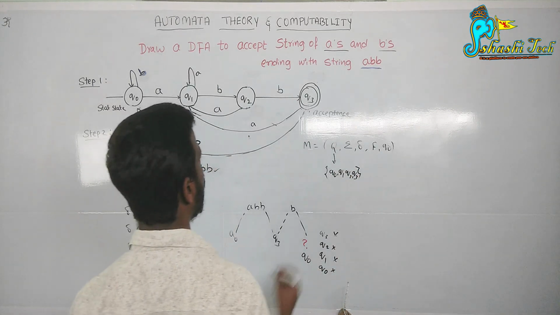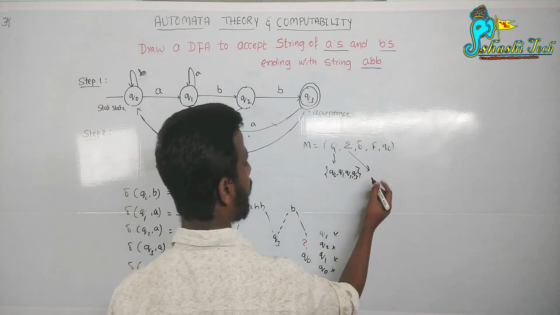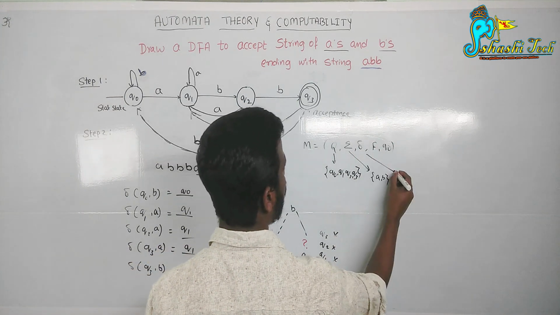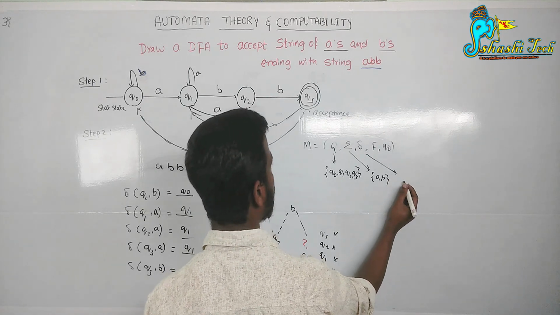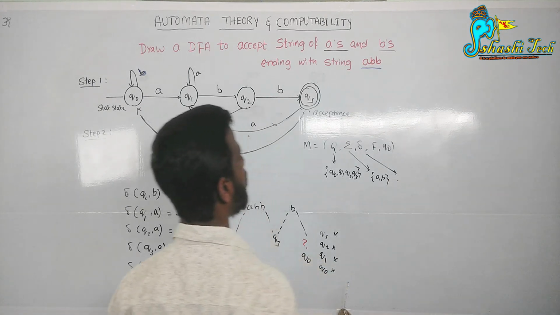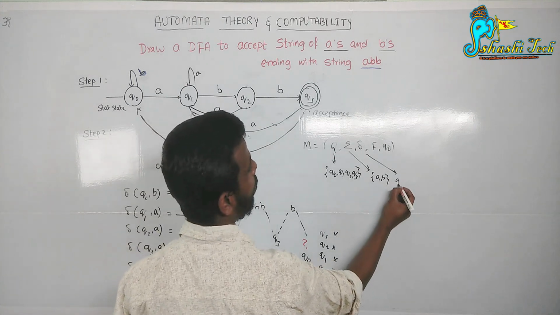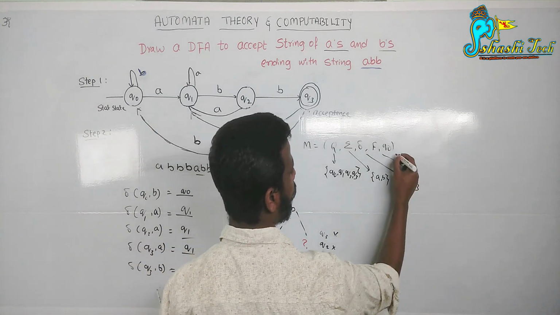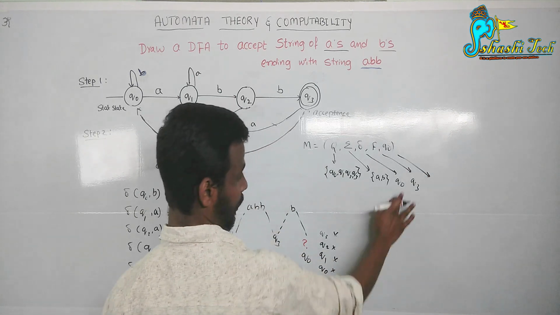These are the states. Sigma is the alphabet, A and B. Q0 is the starting state. F is the final state. Q3 is the final state.